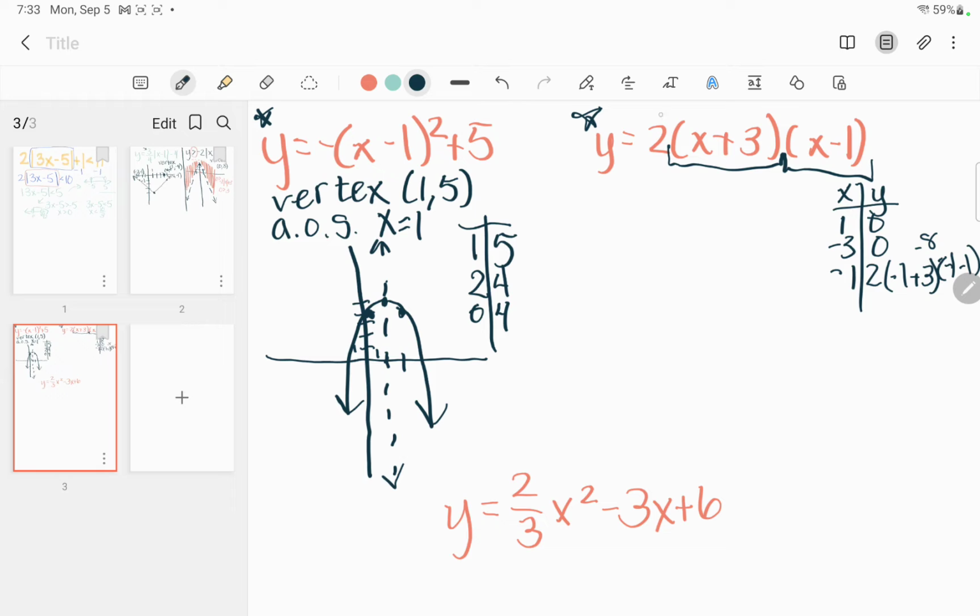That makes sense. This is a parabola that's opening up. It is going to be horizontally compressed because of that positive 2. So creating this table, giving me the vertex, is going to give me some help right there. So my vertex is at negative 1, 8.